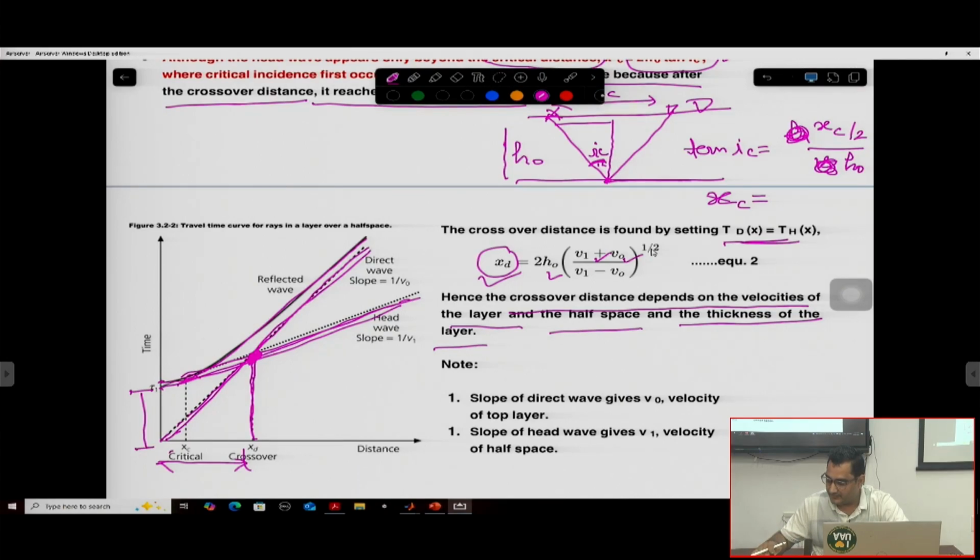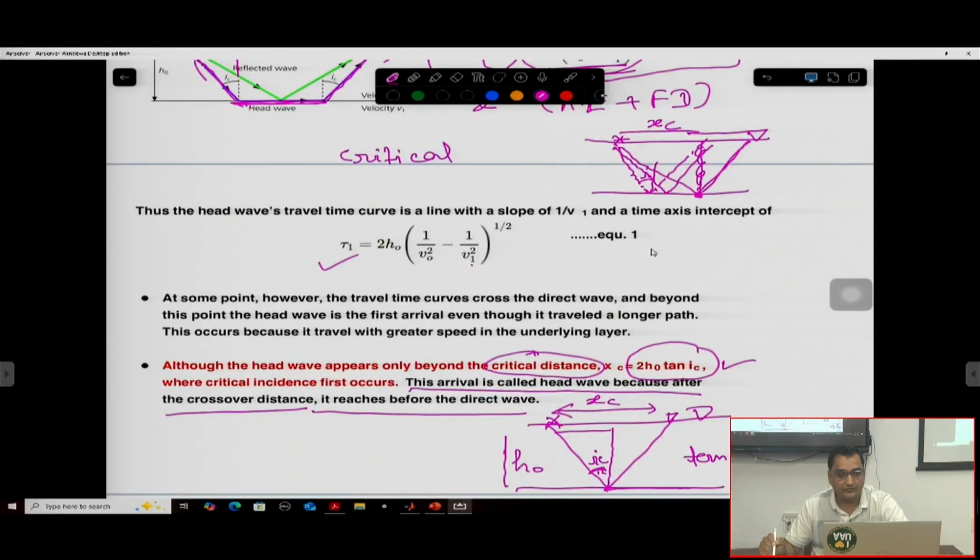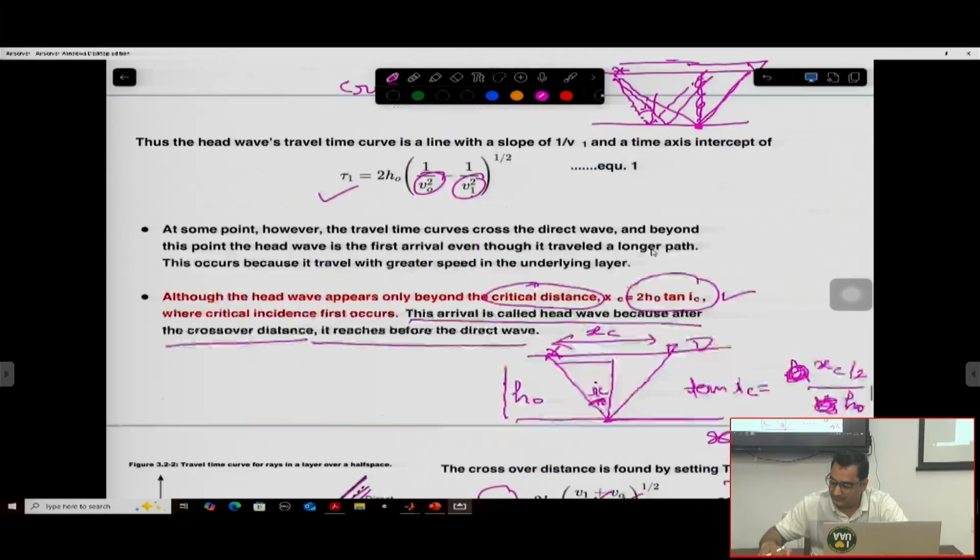The intercept formula was given, so this is the intercept formula. If you do not want to use the crossover distance formula, maybe because in the seismic section it is not clearly visible, then you can use this one. So you can find tau 1 from the intercept time, and then incorporate V0 and V1, and you can find H0 again. Okay, so this is the utility.